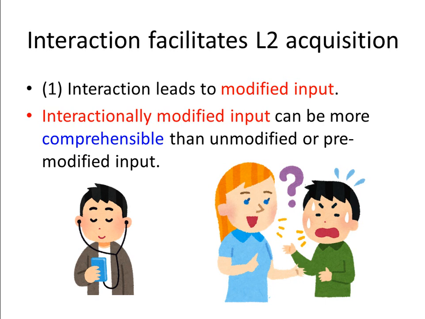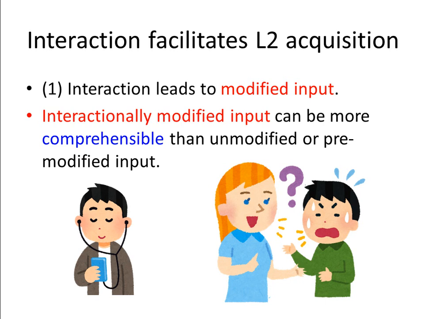So maybe I am giving you pre-modified input because I'm speaking a little slowly, but the input that I'm giving you is not interactionally modified because we are not having interaction. I'm not getting responses or reactions from you.